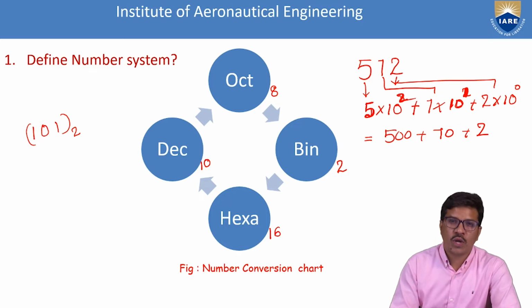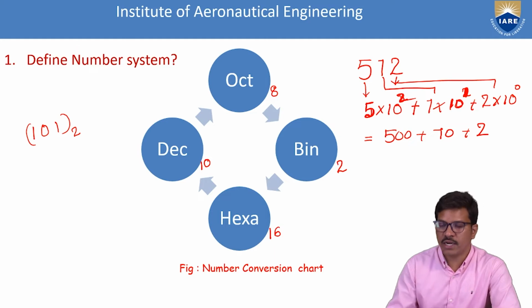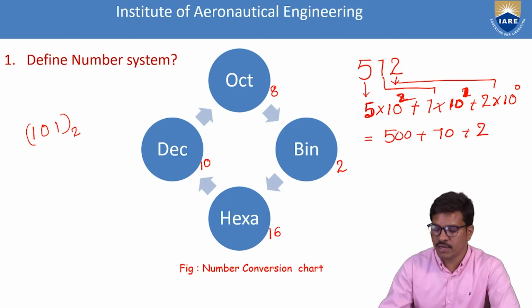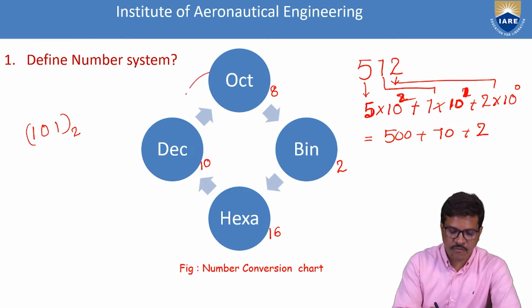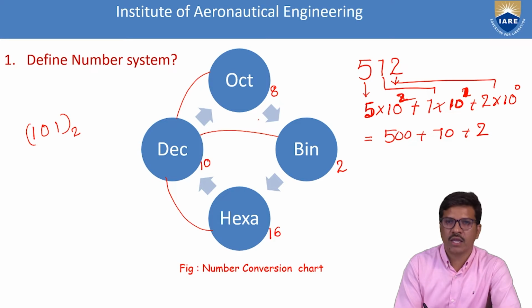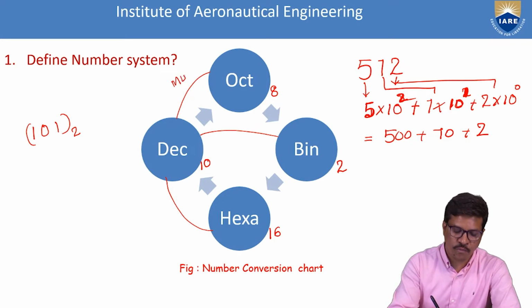How to convert these number systems, we have already studied. The simple way to convert any number system, from octal, from hexa, from binary, to decimal is to multiply by the base: multiply by 8, multiply by 2, multiply by 16, multiply by 10.